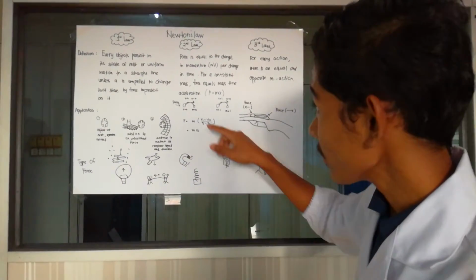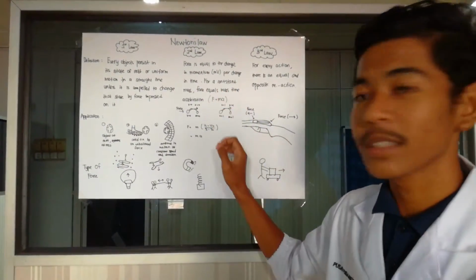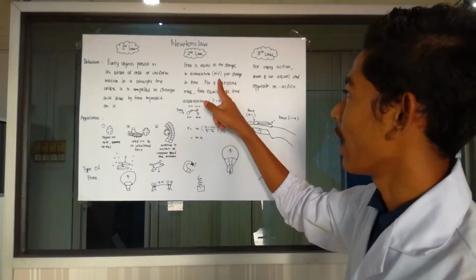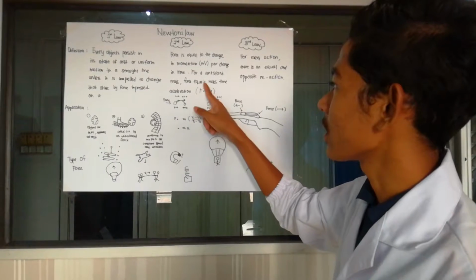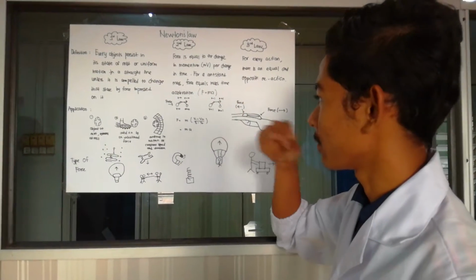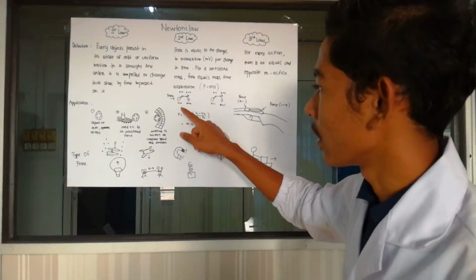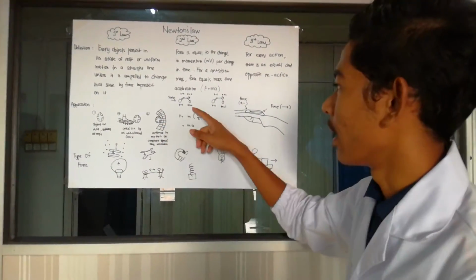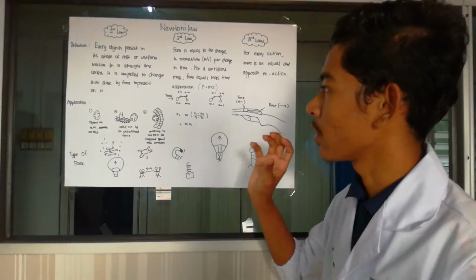The next is the second law. The second law is force equals the change in momentum, mv, per change in time. For a constant mass, force equals mass times acceleration. At t equals 0, it is the initial state. There is no velocity and no displacement.